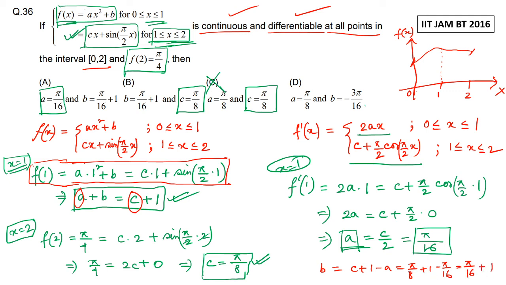So this is the value of B, that is B equal pi by 16 plus 1, right? So both option A and B are correct answers, and this was an MSQ type question. So option A and B both are correct.